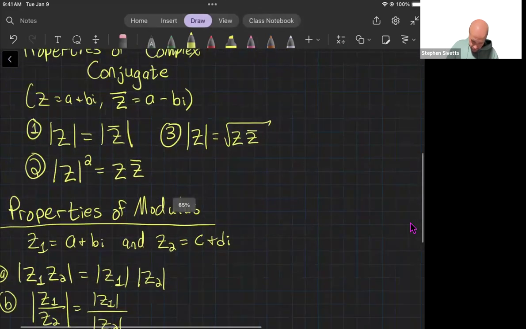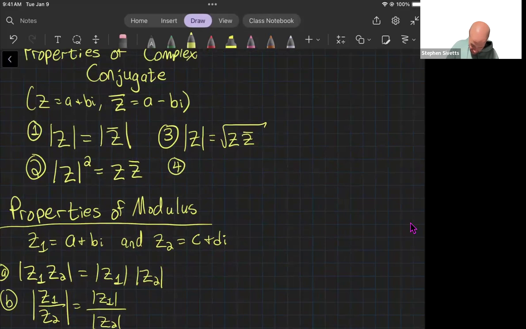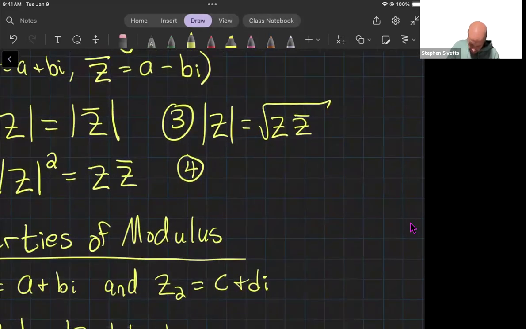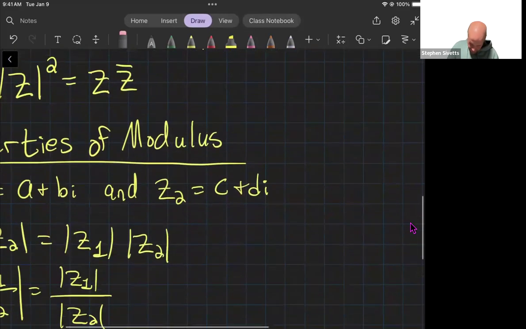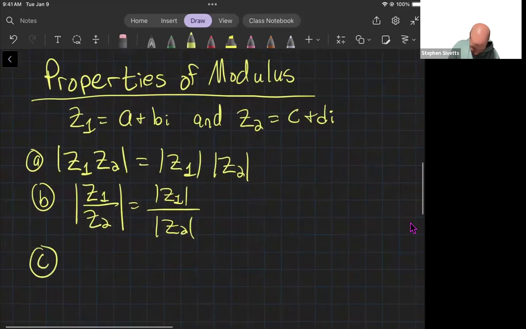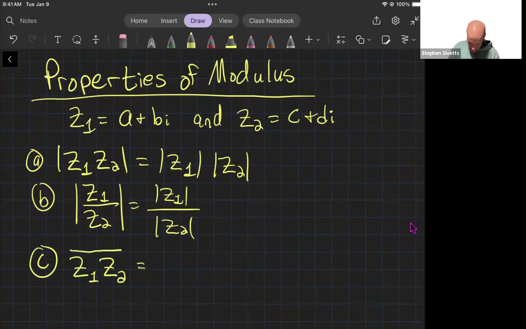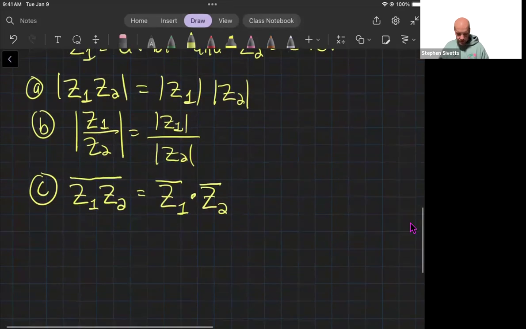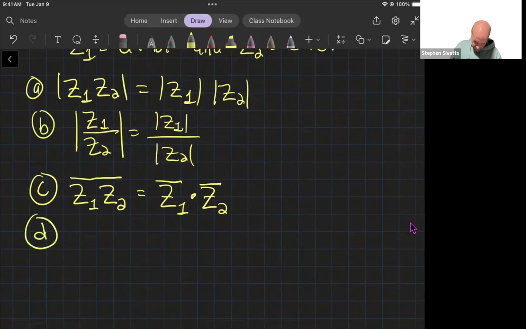So let me write out a couple more properties of the complex conjugate as well. If I were to take the product of two complex numbers and take its conjugate, this equals the product of the complex conjugates of the respective complex numbers, and likewise with division.